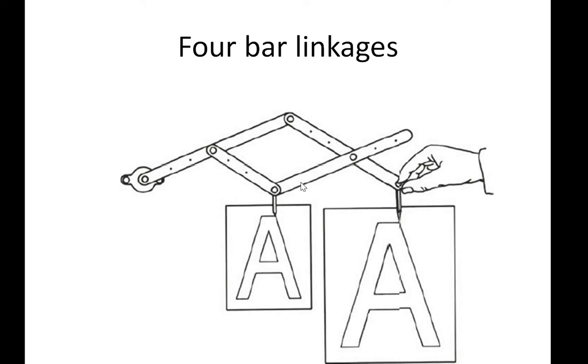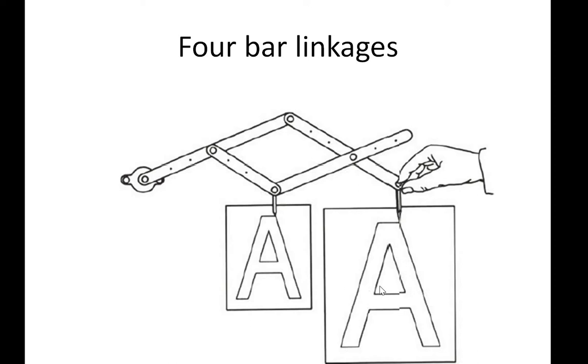Now how is it attached? Here you can see, if you trace this letter, the letter A, automatically the same type of letter, smaller, is traced here. Or if you trace this one, automatically an enlarged version of it is created, and the shape will be exactly the same.